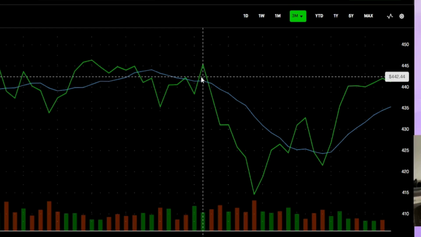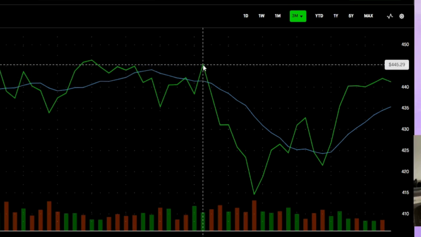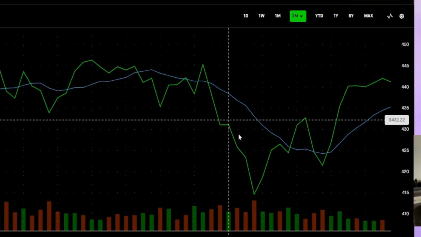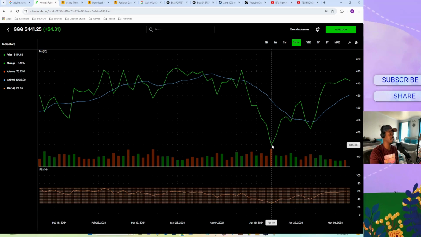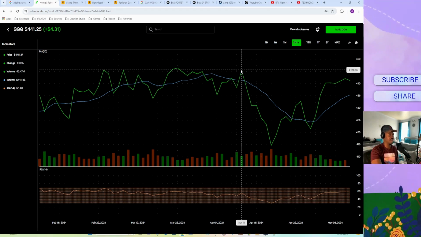So 445, and all the way down to $414. So do you buy the shares when it was at $414 when the price came down, or do you want to buy when the price was at its highest for a little while?